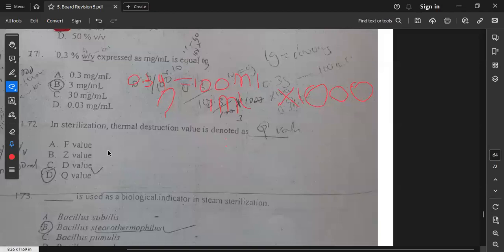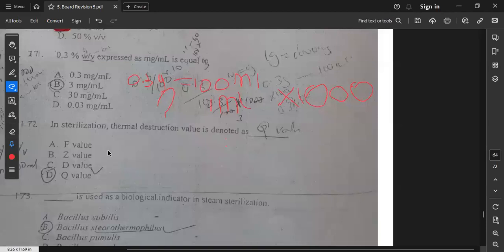The F value is the total lethality of heat sterilization. Okay.